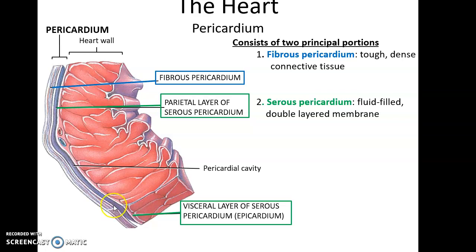And then deep to that is the serous pericardium, that thin two-layered structure with one layer, the visceral layer, lying on the heart, and then the parietal layer attached to the fibrous pericardium, and in between them a thin space filled with serous fluid. And of course, as we know, serous pericardium is important because it provides lubrication.